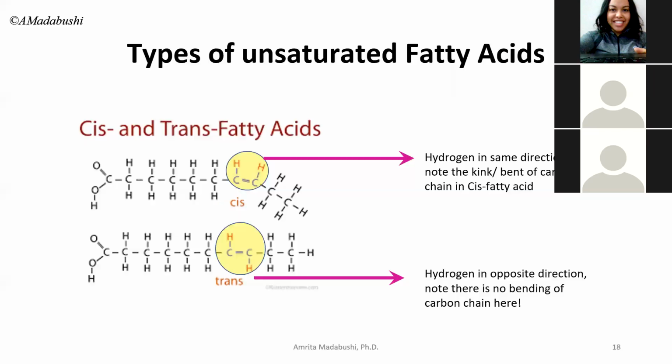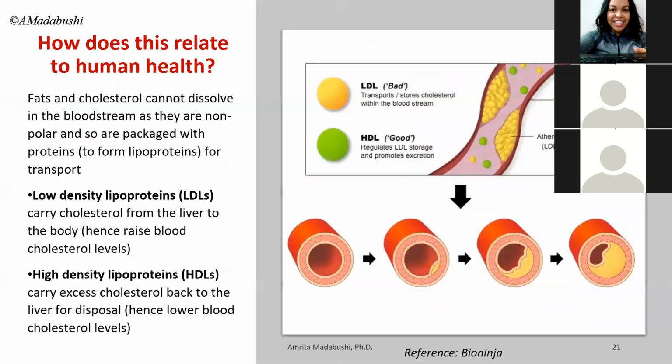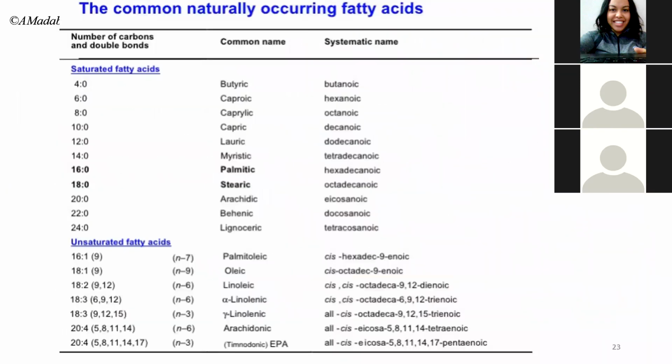Remember we talked about saturated fatty acids and unsaturated fatty acids? Okay, now we are listing them all, the ones that we use. These are our saturated fatty acids with 4 carbons, 6 carbons, 8 carbons. You can see the names here, bute, hex, oct, all of these, right? These are the saturated fatty acids.